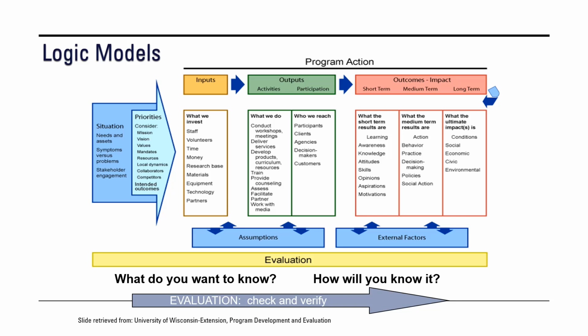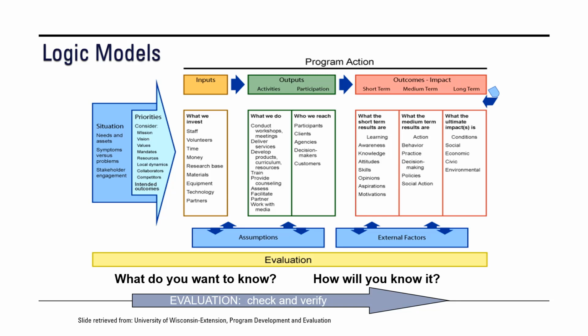Now, logic models include various components such as the situation of an organization and its programs, the organization's priorities, the inputs of an organization, the outputs, and the outcomes. So let's talk a little bit further about each one of these major categories.